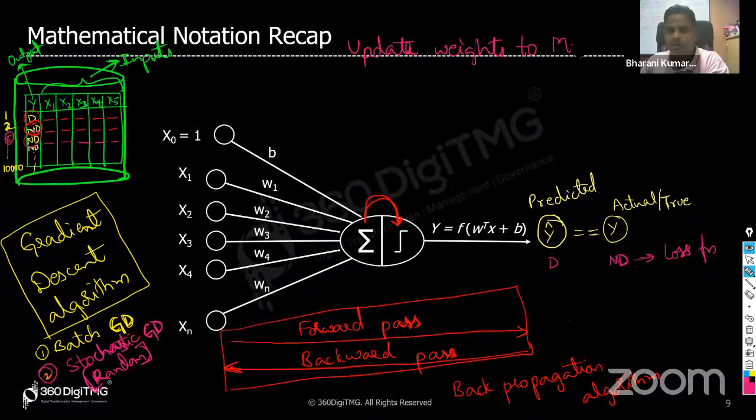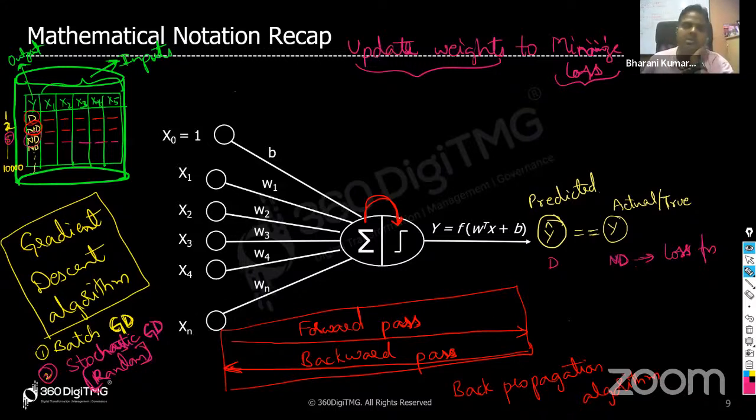Updating the weights is the back propagation algorithm, minimizing the loss is gradient descent.